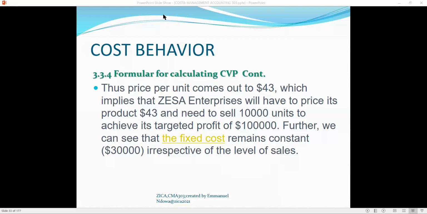All of us, are we on bullet number 3.3.4? May you indicate by raising your hand? Yes, I can get it. Thank you.